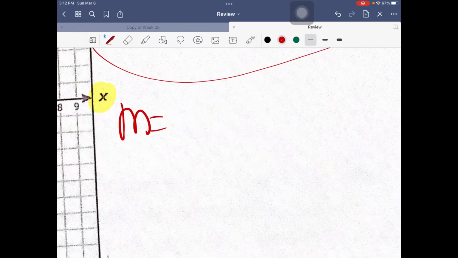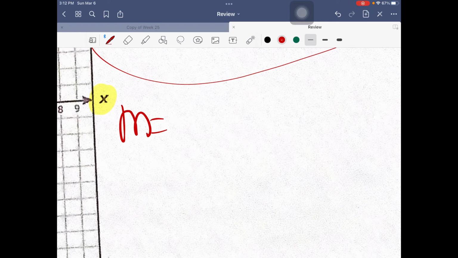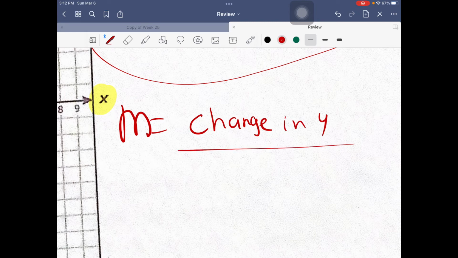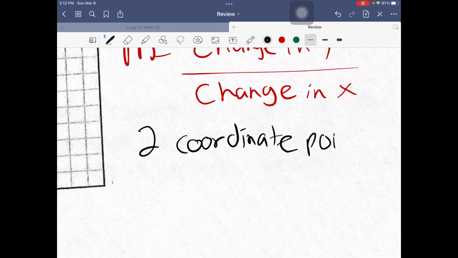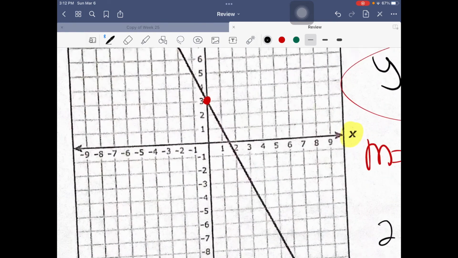Now, my slope, you're going to find it by doing this. Change in y, change in x. You need two coordinate points. You need to choose two coordinate points, and preferably those points are whole numbers, not decimals. Anything you can avoid, that's better.